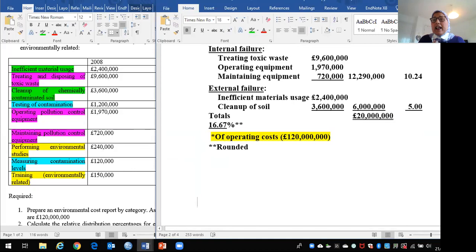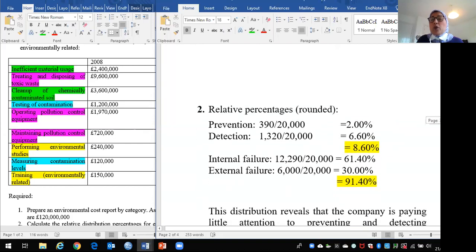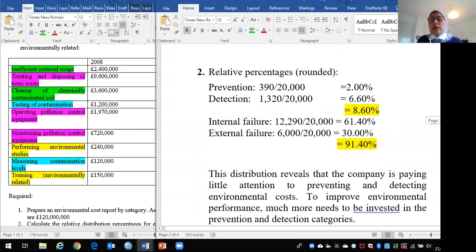We still have a step to do with preparing the environmental quality cost report. This step is calculating the percentage or the distribution of the quality cost. They call it relative percentage or the distribution of the environmental quality cost.